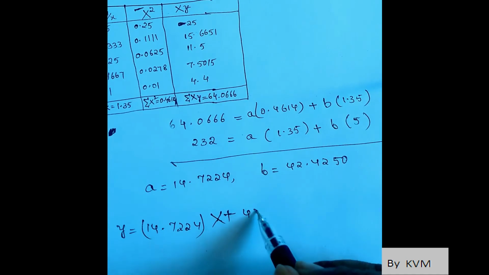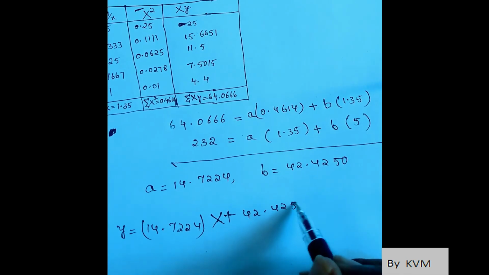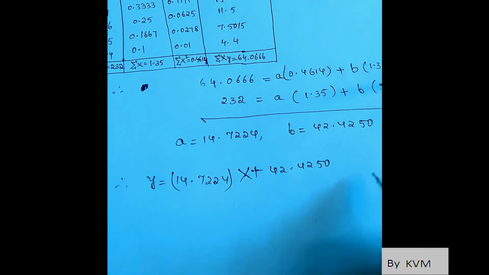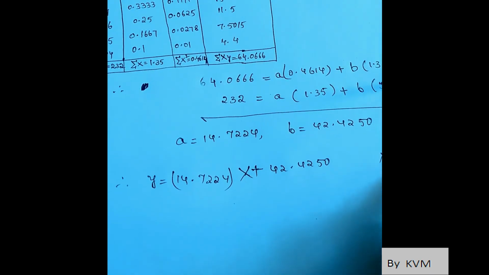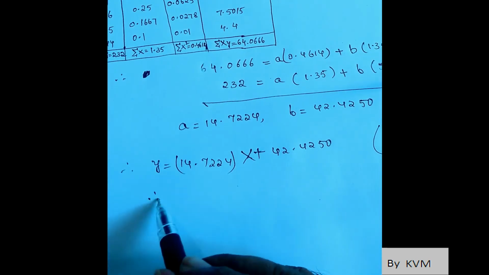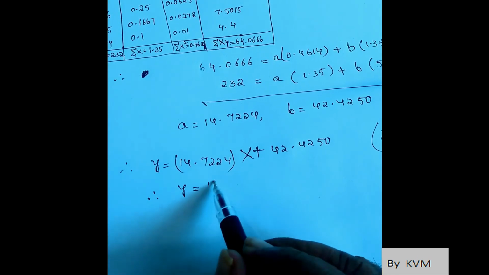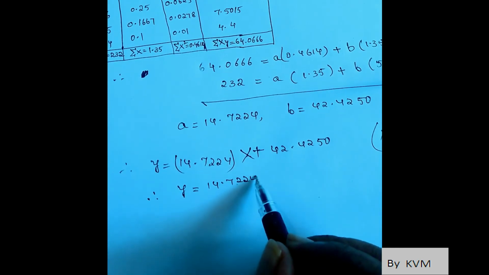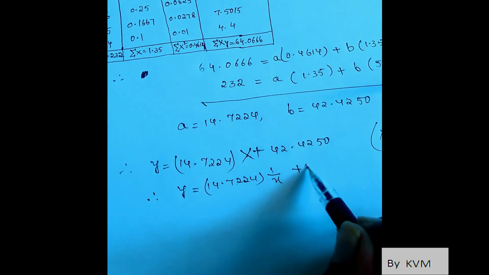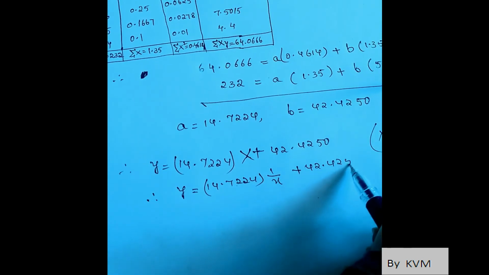B is 42.4250. But what is capital X? Capital X is 1 by small x. So therefore y is 14.7224 into 1 by x plus 42.4250.